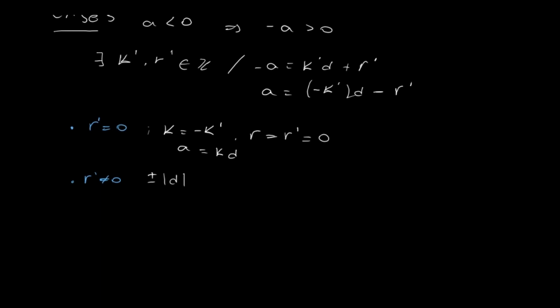So what we'll have is A equals minus k prime times d minus r prime, which will equal, as we saw in the previous example, minus k prime times d minus the absolute value of d plus the absolute value of d minus r prime.